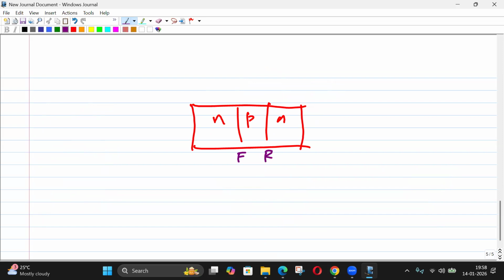The second possibility is both are reverse biased. The third is both are forward biased. Here the current will be minimum, so this is like the off state. Here the current is maximum, so it's like the on state. This is the normal state, which you can call the active state.